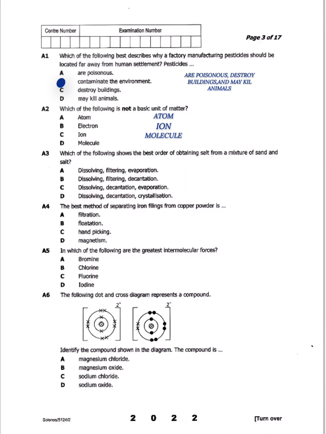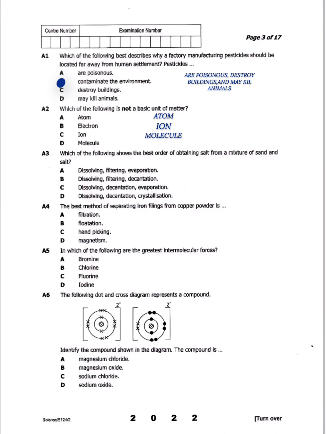Then A3, which of the following shows the best order of obtaining salt from a mixture of sand and salt? So here we have two things, salt and sand. The first thing, we need to dissolve sand and salt in water. After dissolving, we need to filter the sand out.